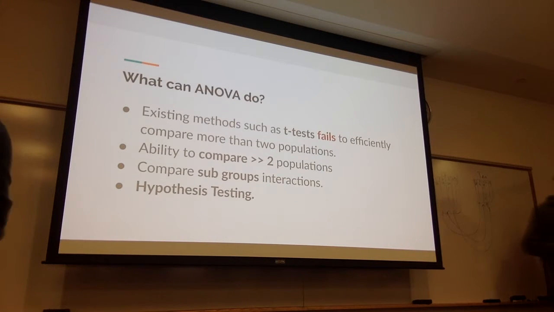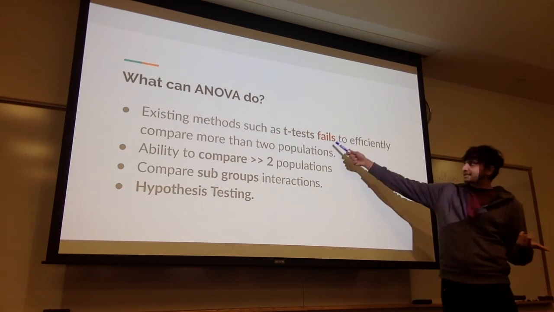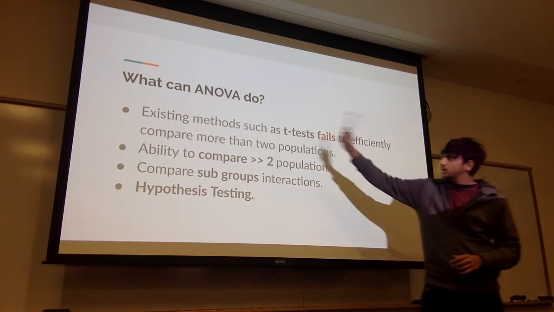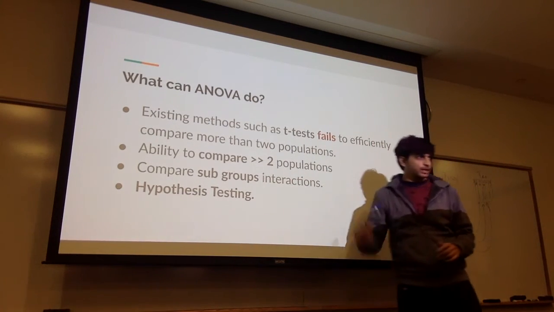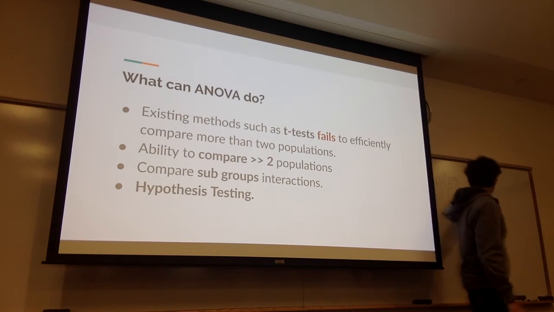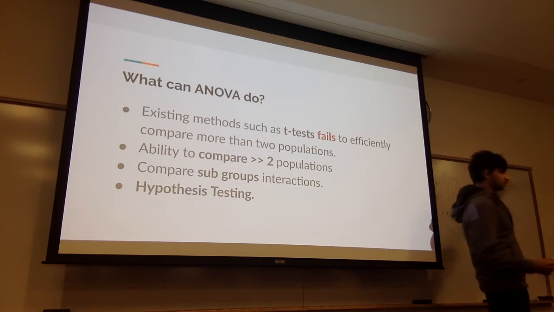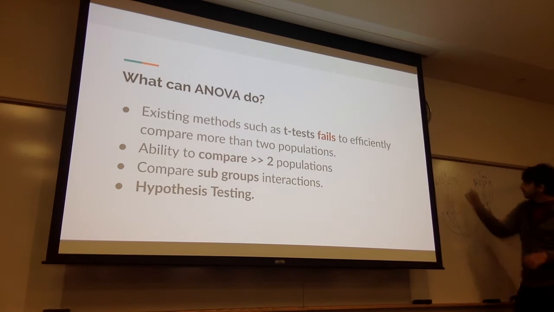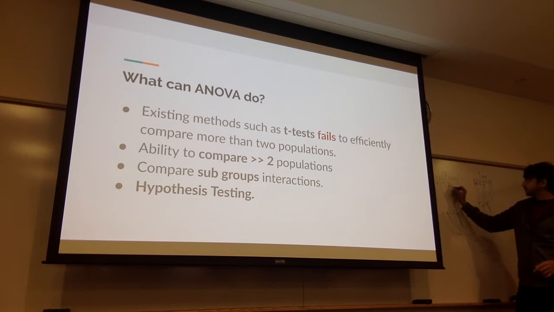Again, what can Anova do? t-tests fail because of the same reason I showed, and Anova can do comparison of more than 2 populations. This is population 1, this is population 2, 3. So you can do multiple population comparisons, and also, as the professor said, this is a categorical variable, right?